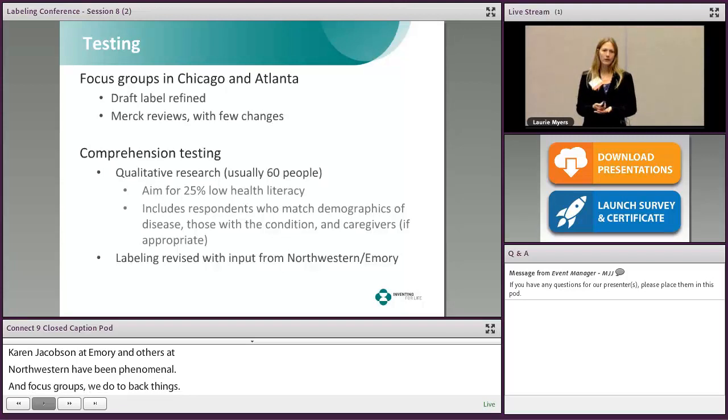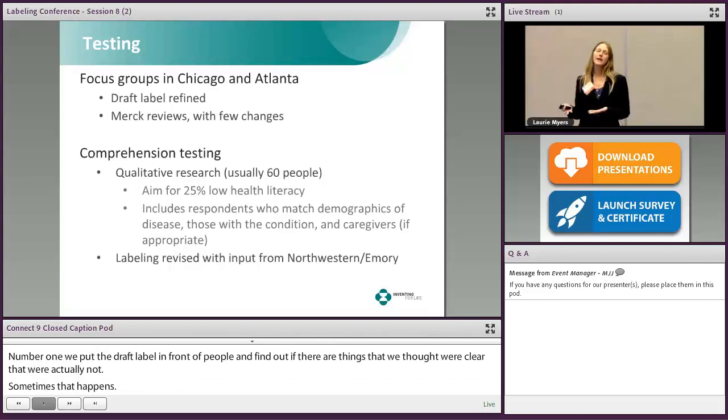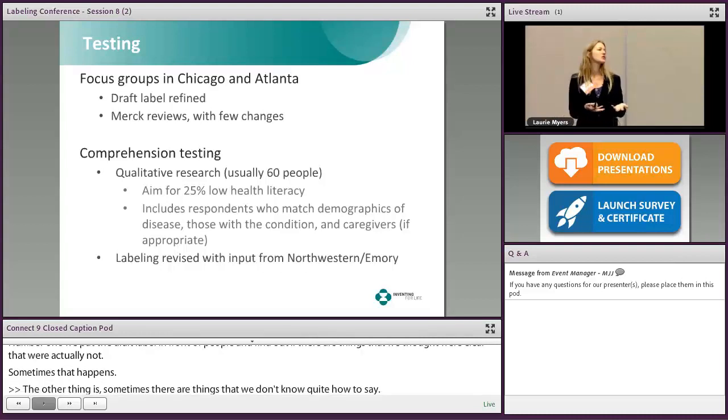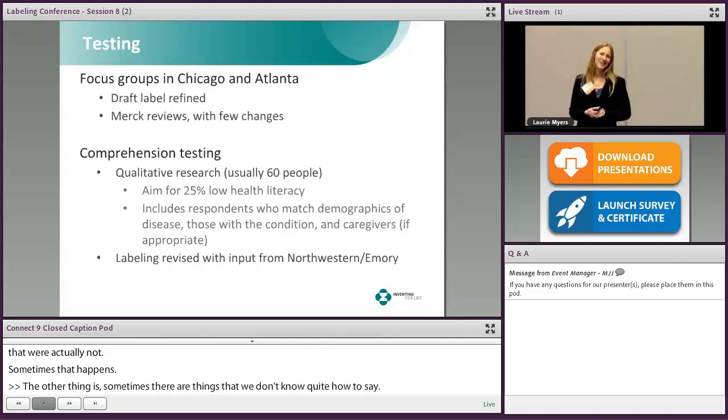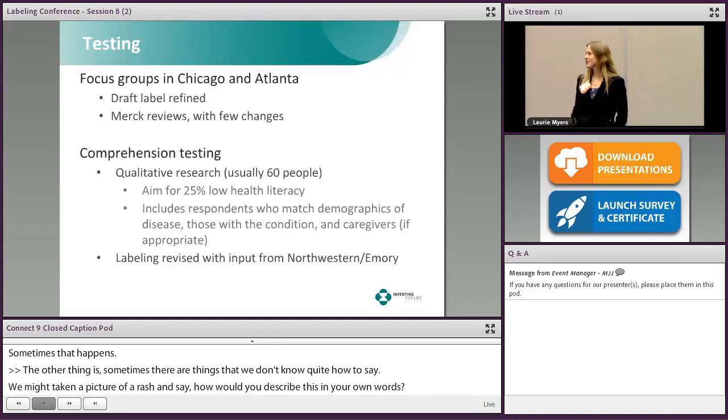Number one, we put the draft label in front of people and find out if there's things that we thought were clear that actually aren't, right? And sometimes that happens. The other thing is sometimes there are things we don't know quite how to say. So we might take in a picture of a rash and say, how would you describe this in your own words? Again, it takes us slightly outside of our comfort zone.